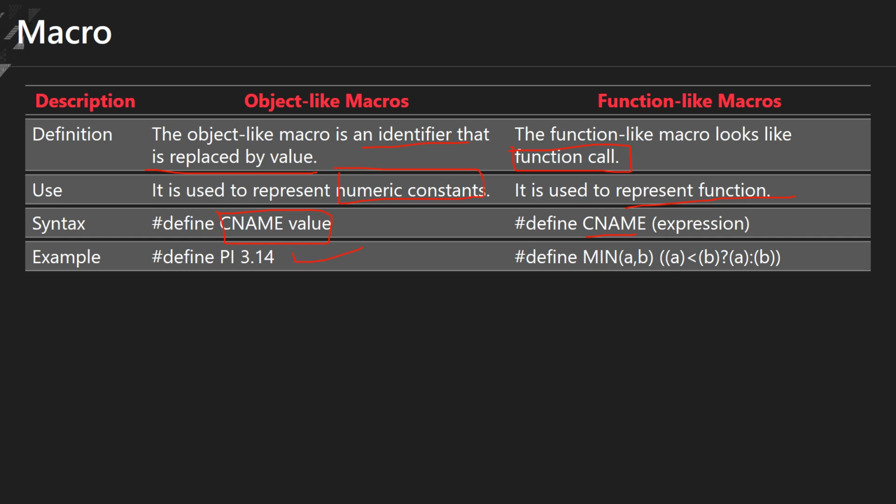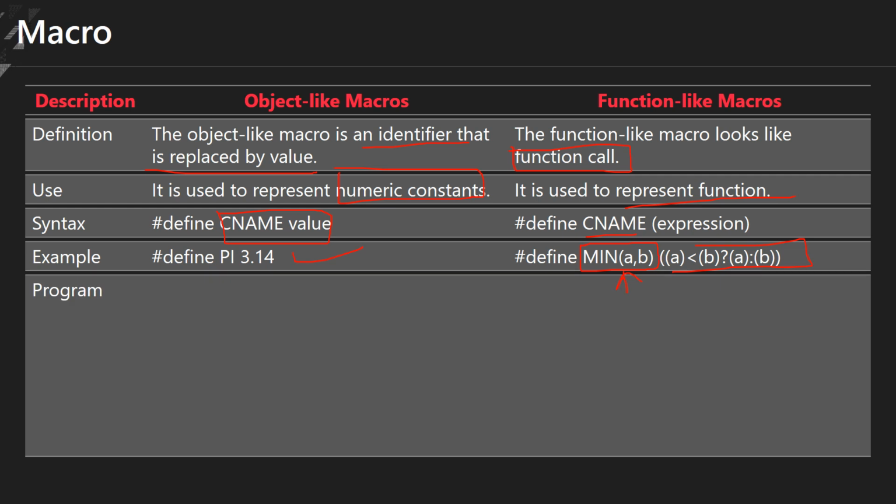Whenever you want pi, include it at the beginning and use it whenever you want. The function-like macro is like a function, with a macro name such as min(a, b). You need not write this code in your program; just call min and pass the values. It will execute and return the result.